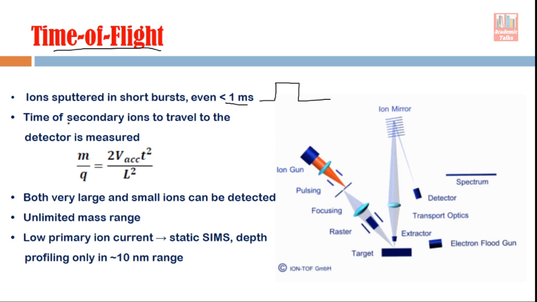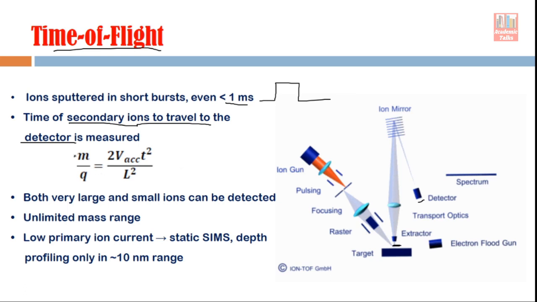Now, the time the secondary ions take to travel to the detector, we have to measure. This is the portion where the secondary ions will be generated. They will travel like this and reach the detector. How much time is taken to reach the detector after being ejected from the sample surface will decide their mass to charge ratio.